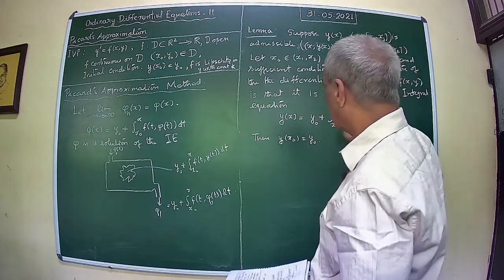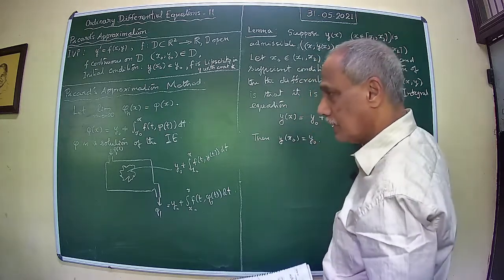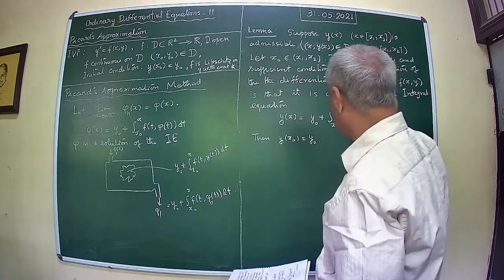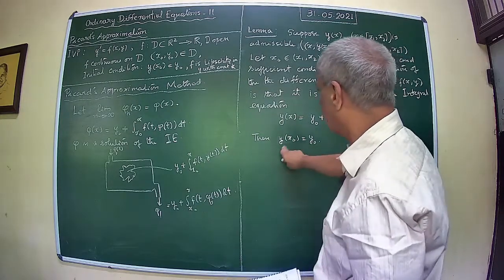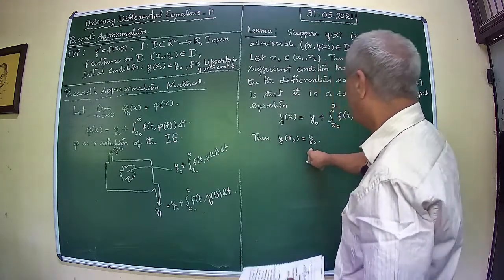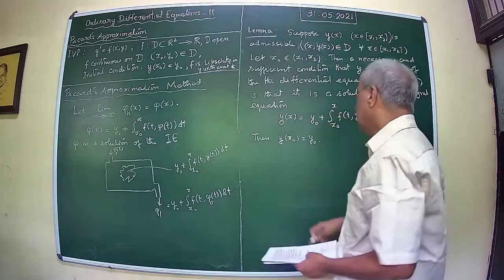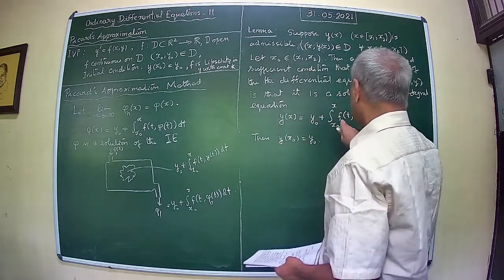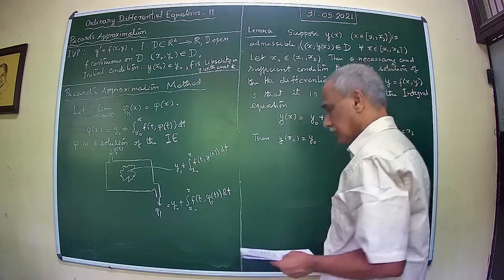Conversely, suppose you have y as a solution of this integral equation, then you immediately observe that y x naught is equal to y naught, and y is differentiable and y derivative is equal to f x, y x.